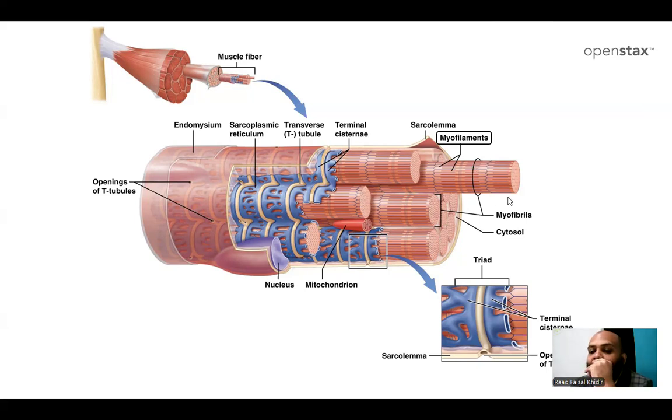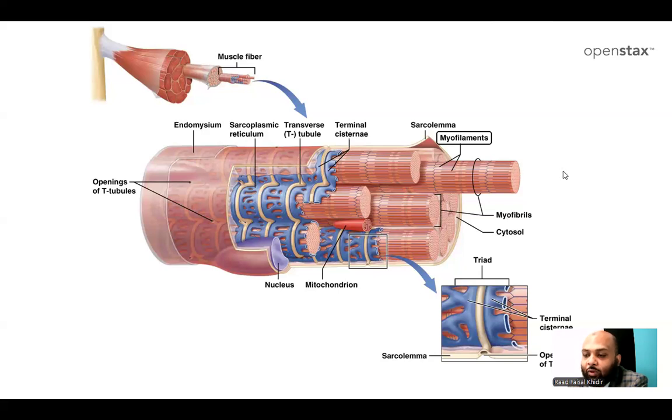You have myofibrils, and these myofibrils are made up of myofilaments. The myofilaments comprise the myofibril, and multiple myofibrils give you the muscle fiber. So this whole big cylinder is made up of tiny spaghettis. Those tiny little cylinders inside are your myofilaments.